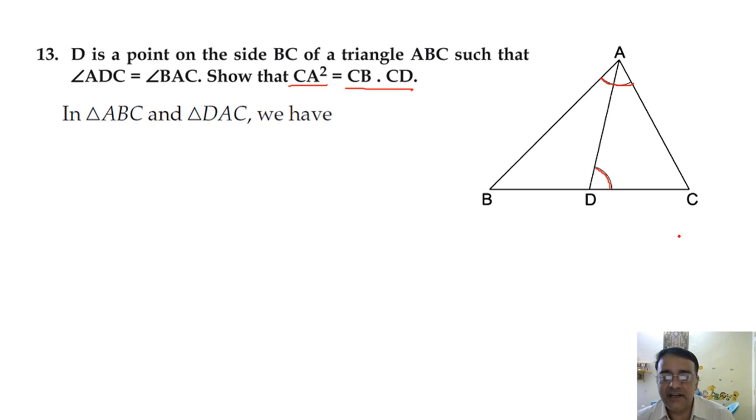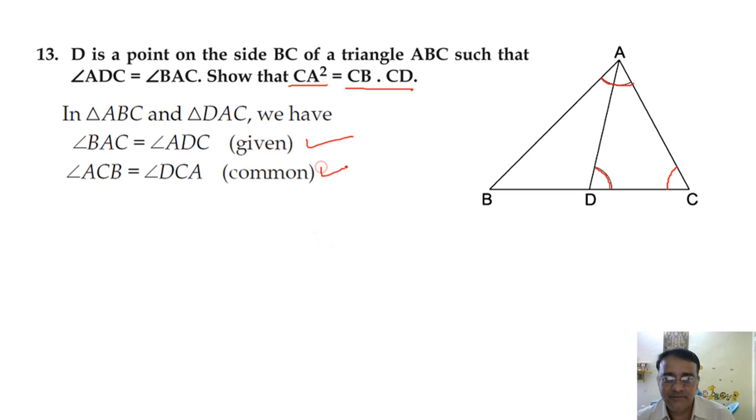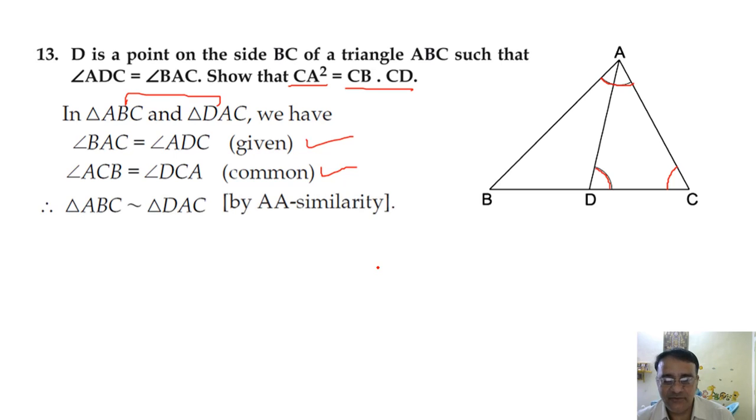So first we will take that two triangles. In this, angle C is common to both the triangles and these two angles are equal. ये दोनों angles equal दिया हुआ और angle C common है. So these two triangles are similar by which criteria? Right, AA similarity.